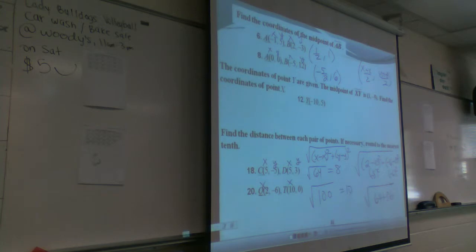Alright. Then on 12, did someone get an answer for 12? I was going to ask a question. There's supposed to be just one answer for this, or is it just one? Because I added 164 and then the square root of those.